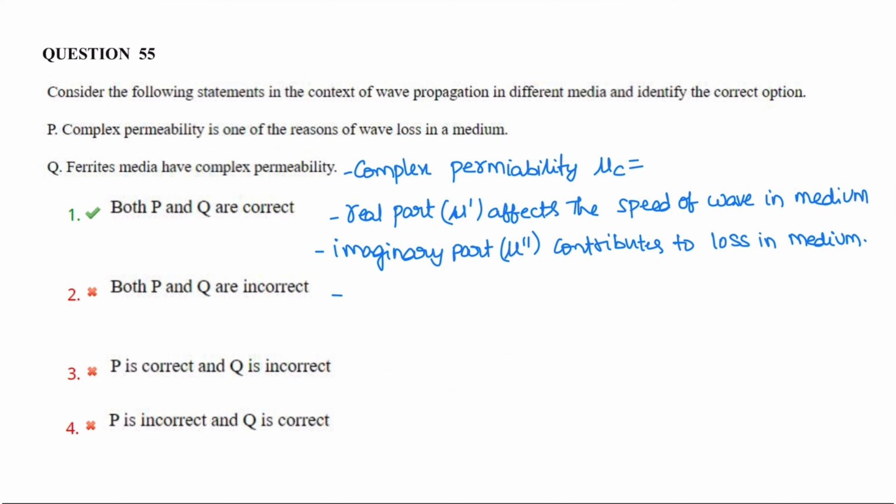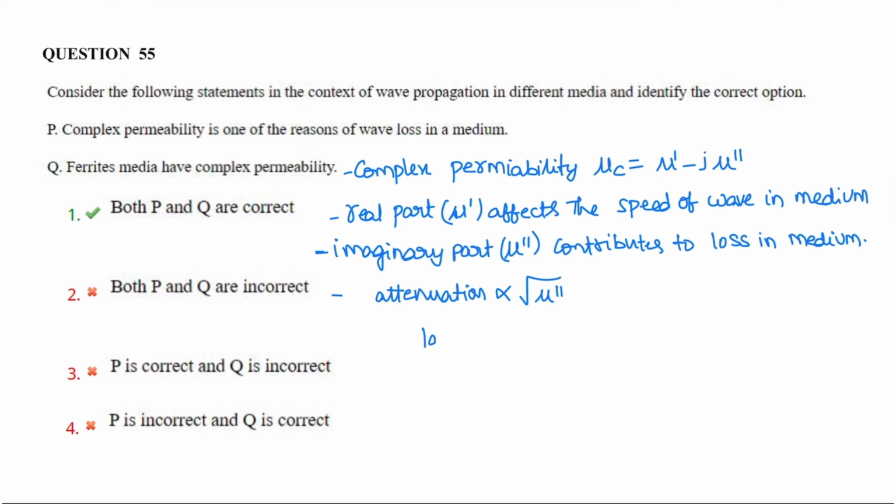Next question. It is related to complex permeability. Complex permeability mu c consists of a real part as well as an imaginary part. Mu dash is the real part of permeability that affects the speed of the wave in the medium, and mu double dash is the imaginary part that contributes to the loss in the medium. Signal attenuation is directly proportional to the square root of the imaginary part of complex permeability.